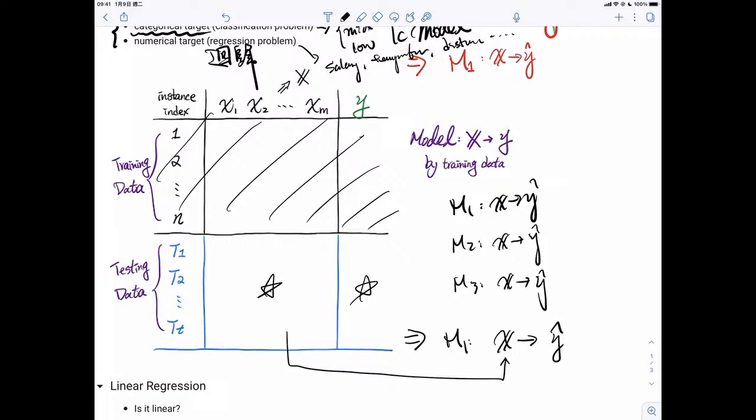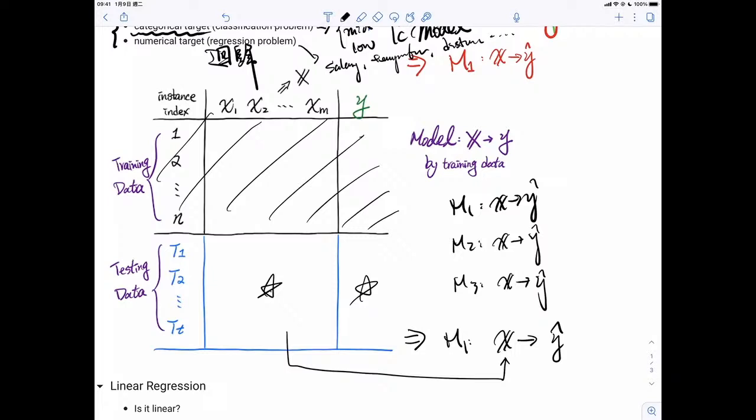Because your model can predict, by learning the relationship from your training data, when you input big X, your model can output predicted Y. So by using the testing data, you input the big X of your testing data to your model.